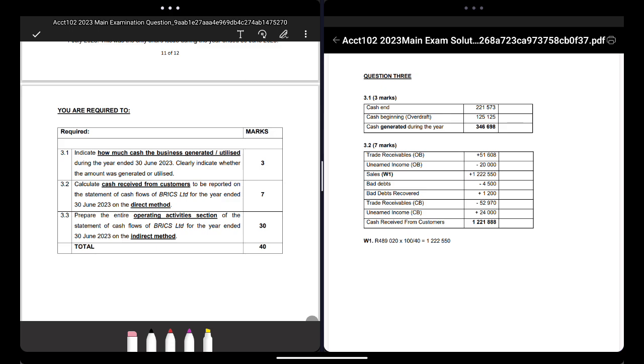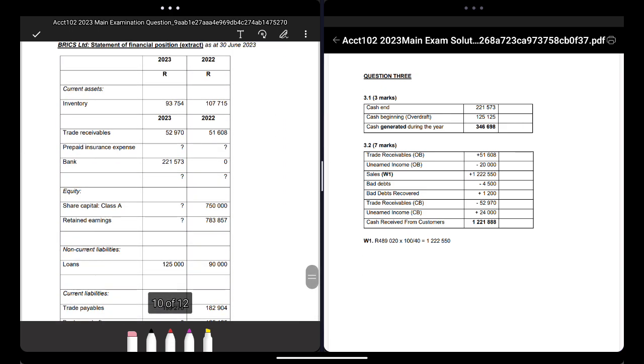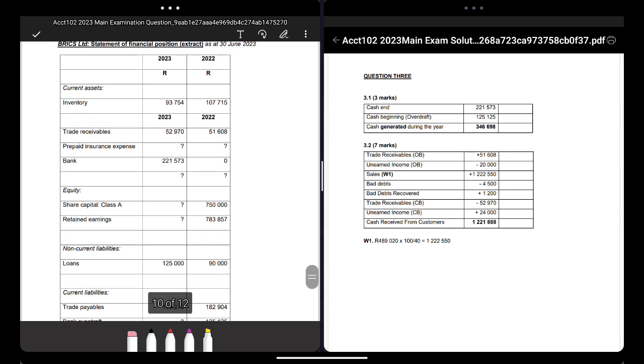The first thing I like to see is my trade receivables, and there are a lot of ways you can do it. I don't like to do it as opening trade receivables minus closing trade receivables. I like to get that amount one time and do my calculation. So my trade receivables went from 2022 in the beginning of the year to 52,917 at the end of the year.